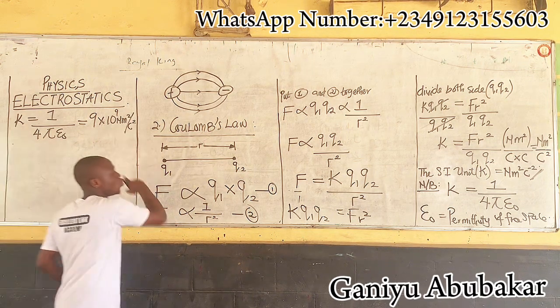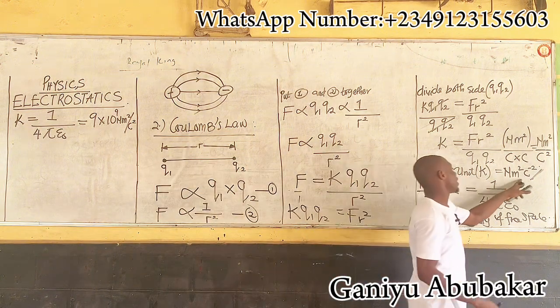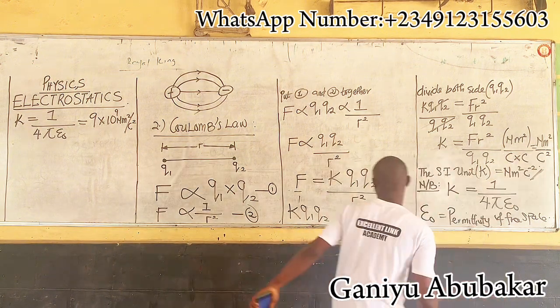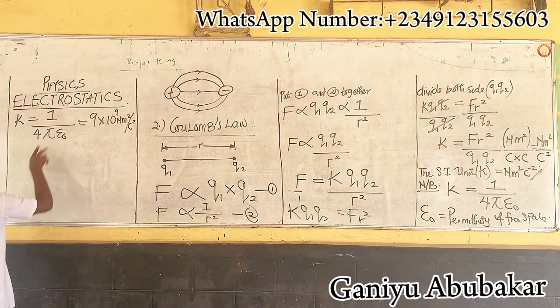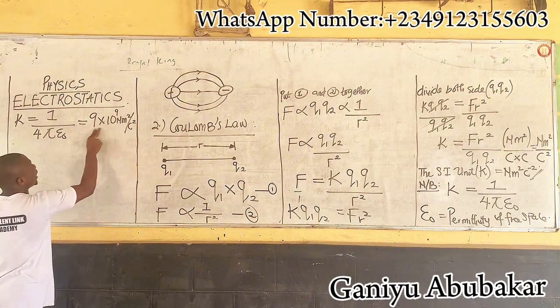The SI unit is Newton meter squared per Coulomb squared. So either I can express K in terms of this or in terms of this figure.